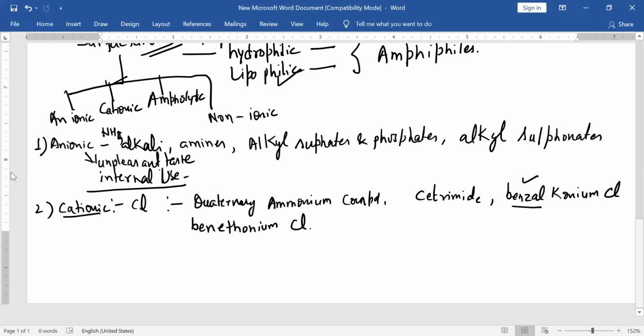Then the third one is ampholytic. Ampholytic means they depend on the pH of the system. Below a certain pH they are cationic, while above a certain pH they are anionic, and at an intermediate pH they act as a zwitterion.